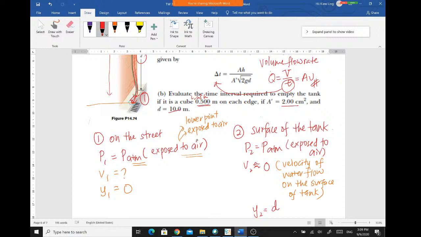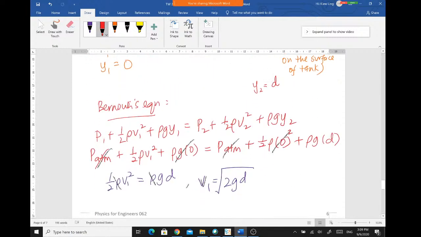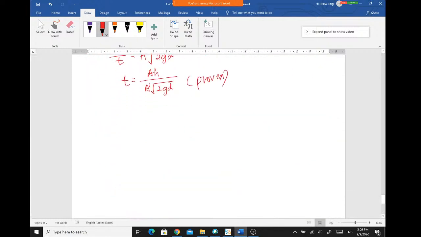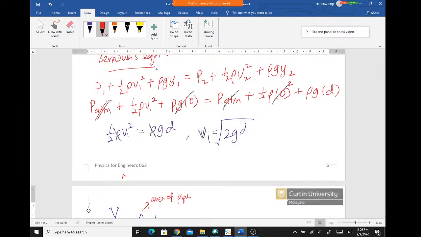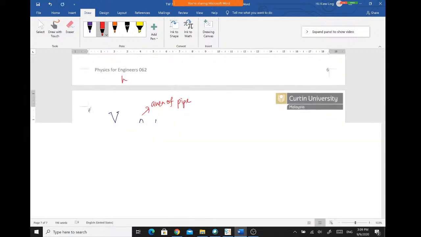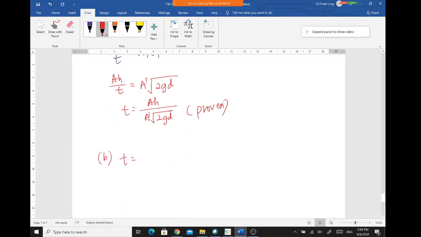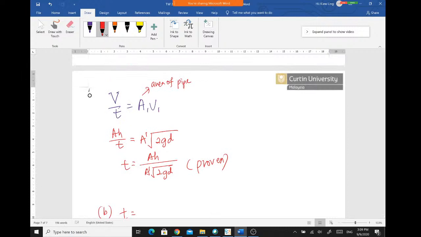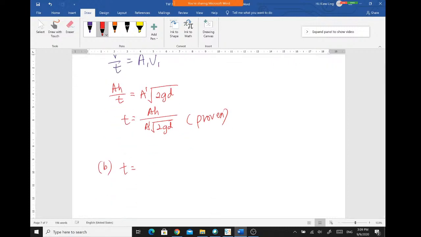So plug in the values. For part B, AH is 0.5 times 0.5 times 0.5.